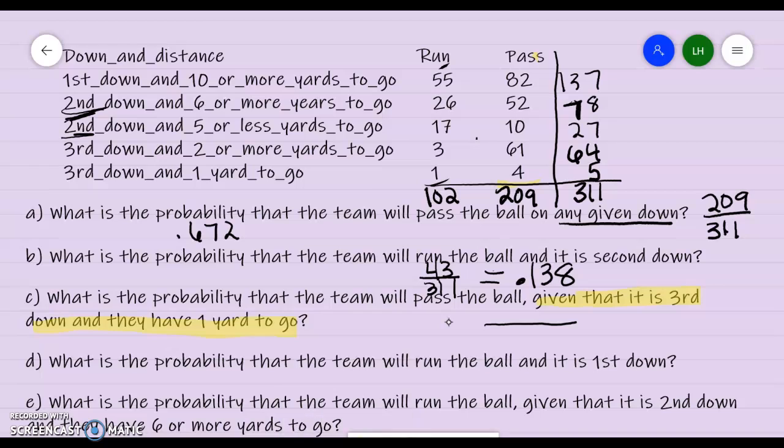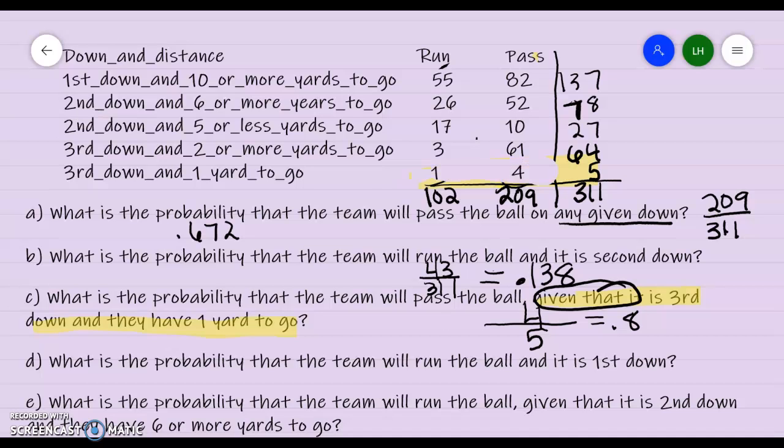That total is 5. Now, we want to know the probability that the team will pass the ball in that highlighted area. We don't care about anything else here. So passing would be 4 out of 5, so that would be 0.8. So anytime you see "given that," that is conditional probability.